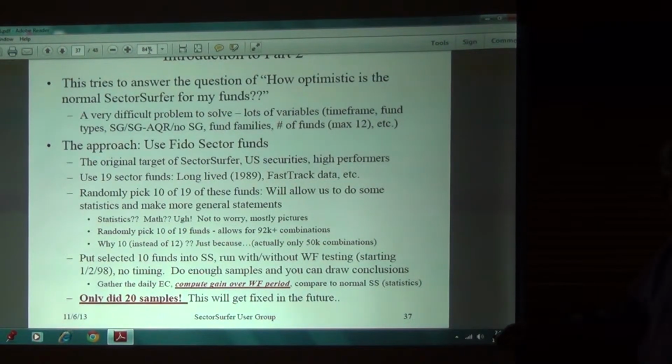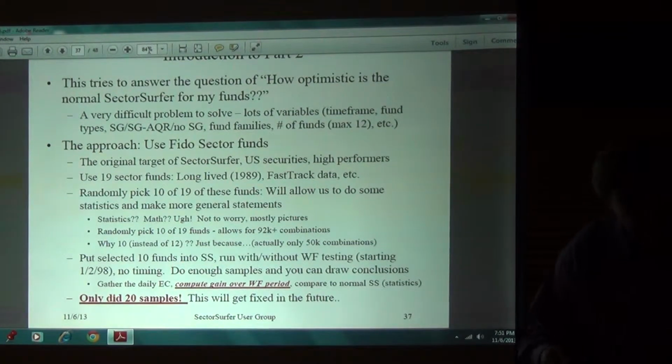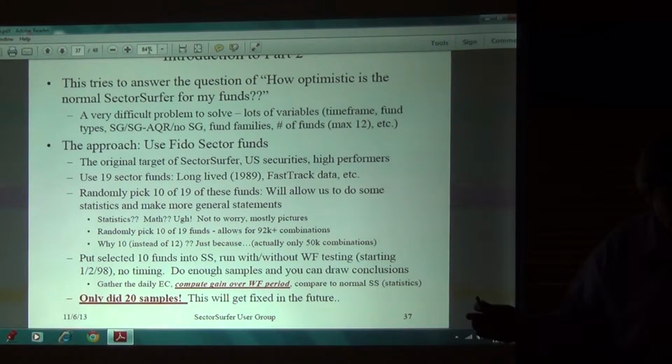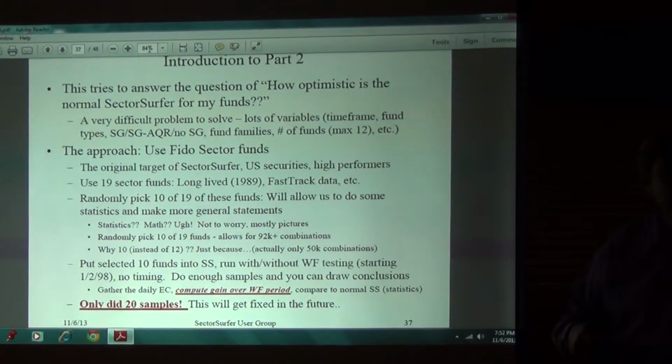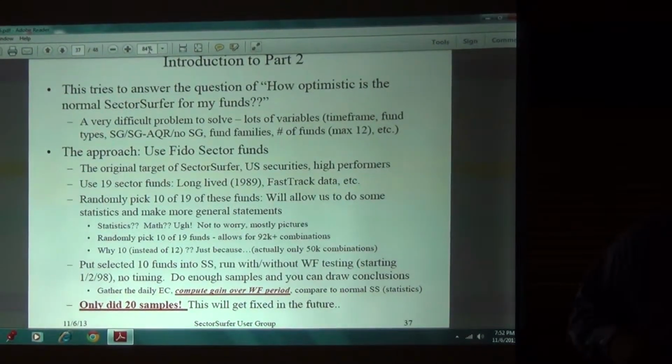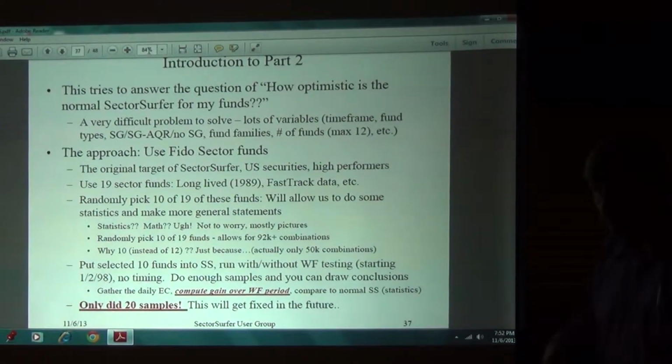The process was I selected, in this case, 20 funds, or 20 combinations of 10 funds, unique combinations of 10 funds, put them into SectorSurfer, ran them the normal way, and then ran them with walk-forward testing.